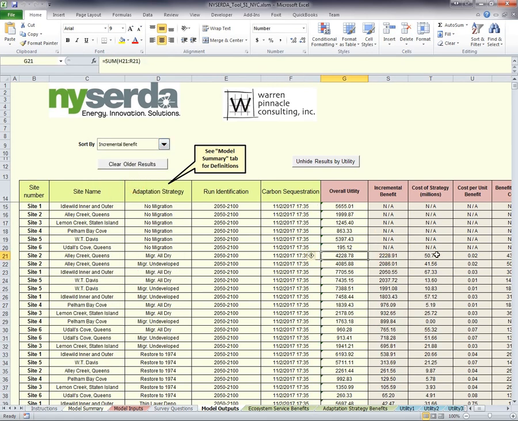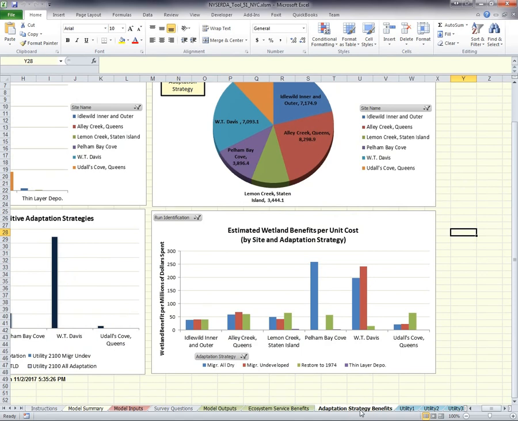And so it looks as though Alley's Creek in Queens has the highest incremental benefit in terms of potential for marsh migration. In terms of looking at benefit per cost, we need to go over to the Adaptation Strategy Benefits tab. And in this case, it's very hard to compete with the very inexpensive, large quantity of public land at Pelham Bay and W.T. Davis sites.